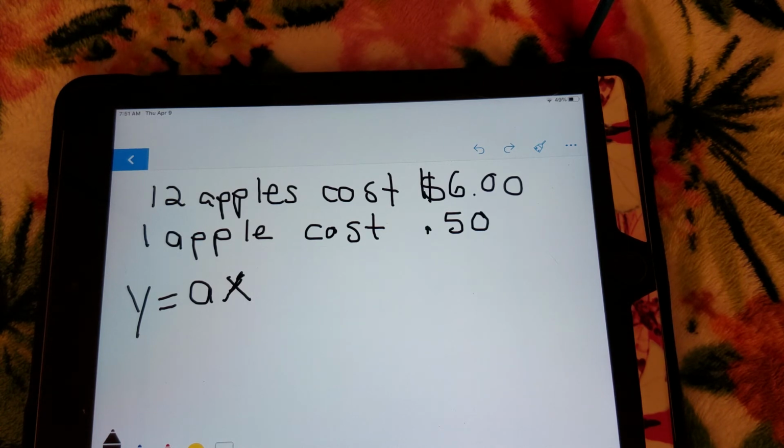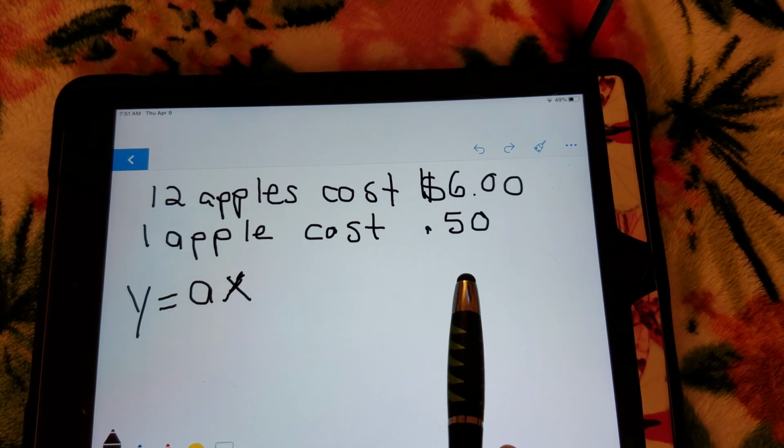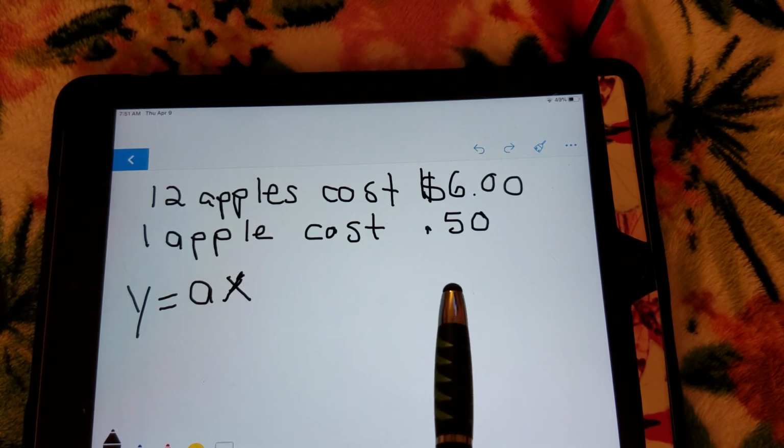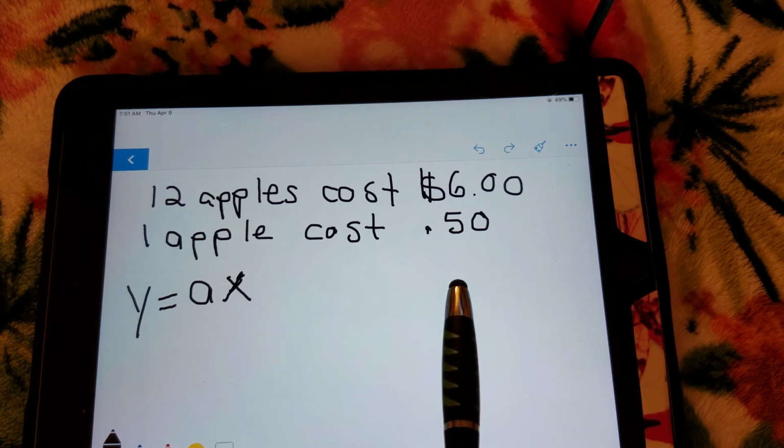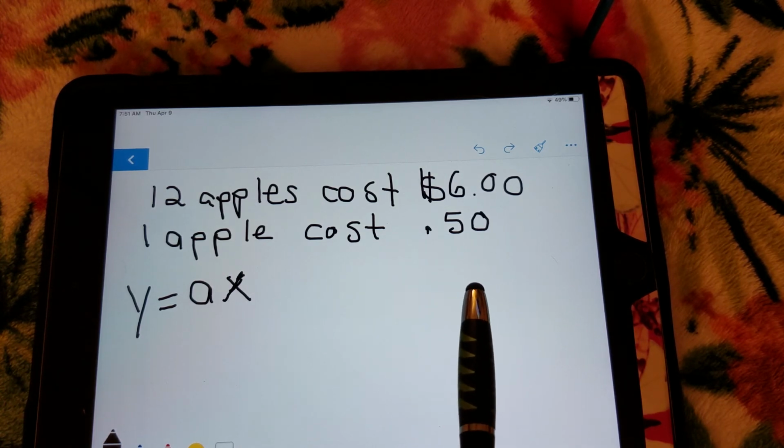Okay, so let's look at this. We determined that with 12 apples costing $6, one apple costs 50 cents. Therefore, for every apple, the price increases by 50 cents. So our constant is 50 cents.